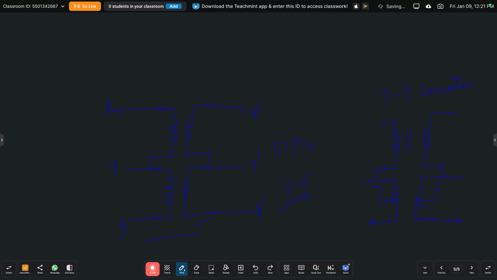One of the transformers has a center tap on both the primary and secondary windings, which is called the main transformer. The other transformer is called the teaser transformer. The Scott connection can also be used for three phase to two phase conversion. The connection is made like this. Based on that we represent the T to T connection. This is all about the three phase connections of transformers. Thank you.